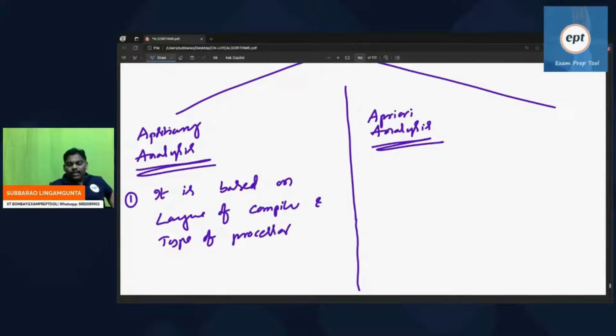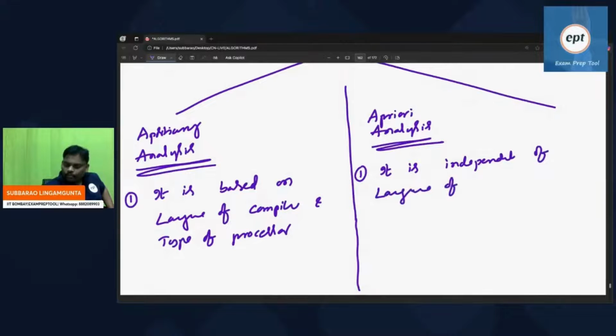According to posterior analysis, the time complexity of any program is based on the language of compiler and type of processor, or type of hardware. But according to priori analysis, it is independent of language of compiler and type of hardware.